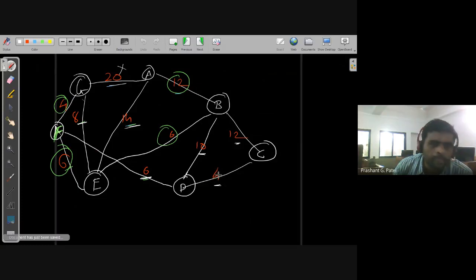So, for the incident, the minimum weight is 4, that we can see in the row of D. The next minimum is 4, but the corresponding F is already present.